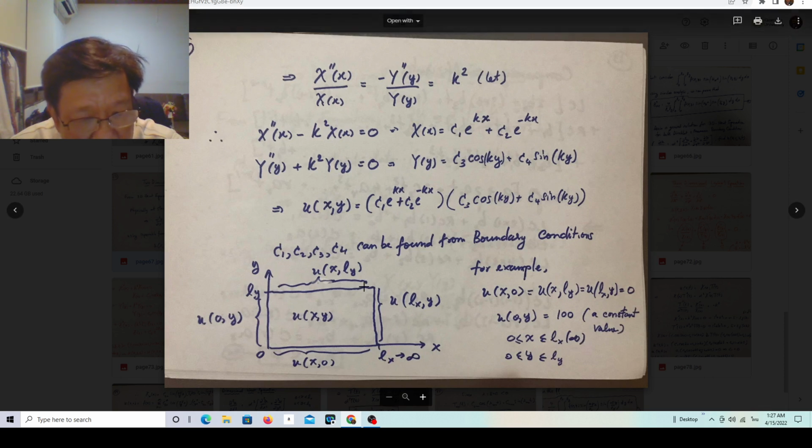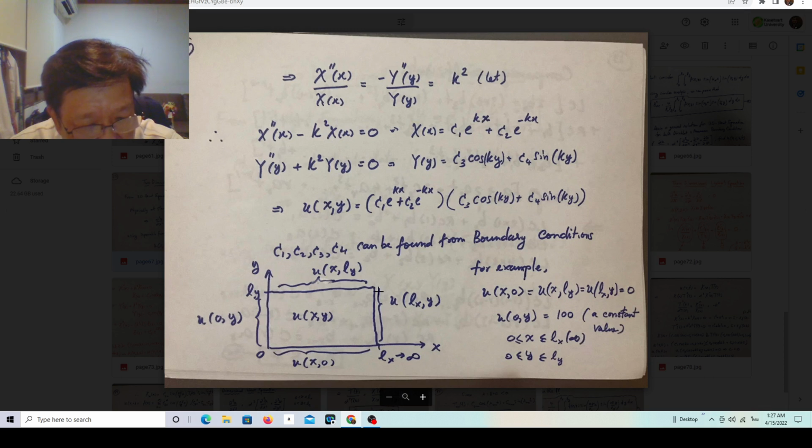The boundary condition is that at x equal to 0, for all y from 0 to L sub y, you have u at 0 and y. Then at y equal to 0, you have u at x and 0.